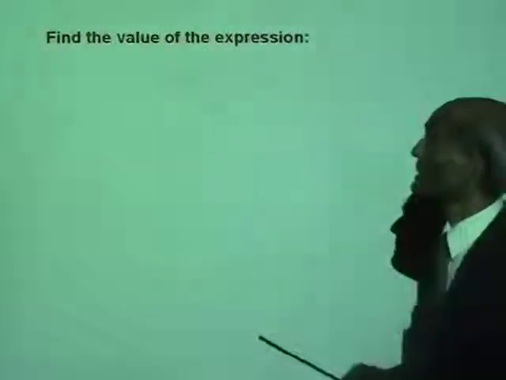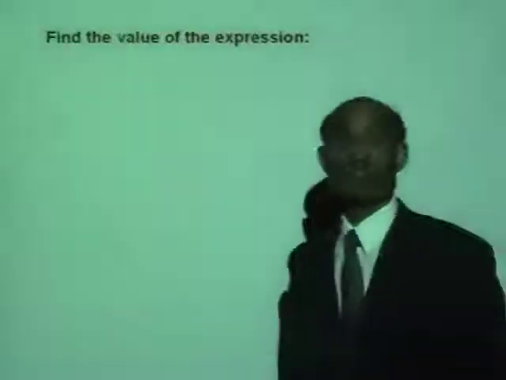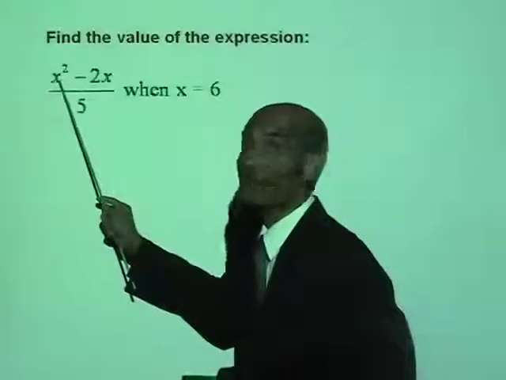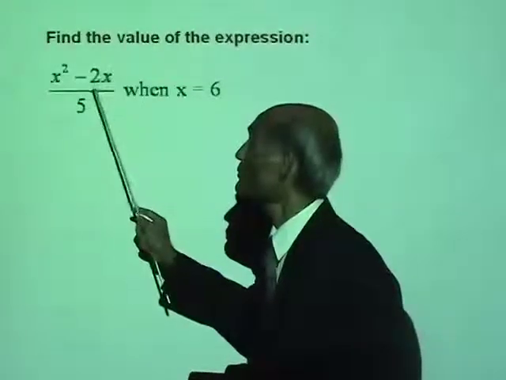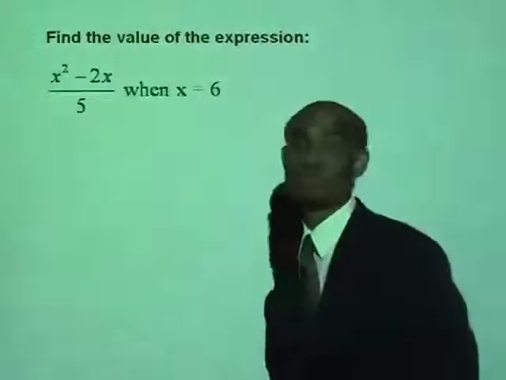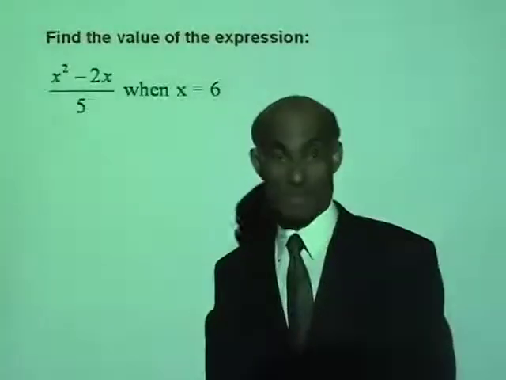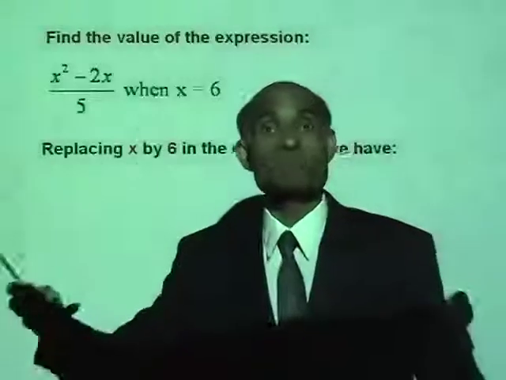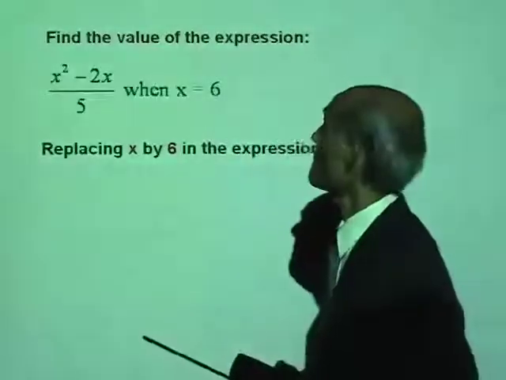Okay, let's try another one. Find the value of the expression x squared minus 2x all over 5 when x equals 6. Again, we replace x by 6 and simplify the expression.